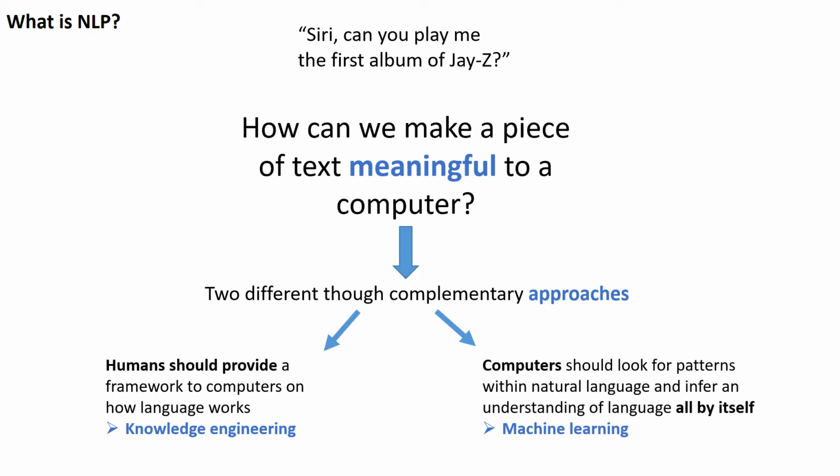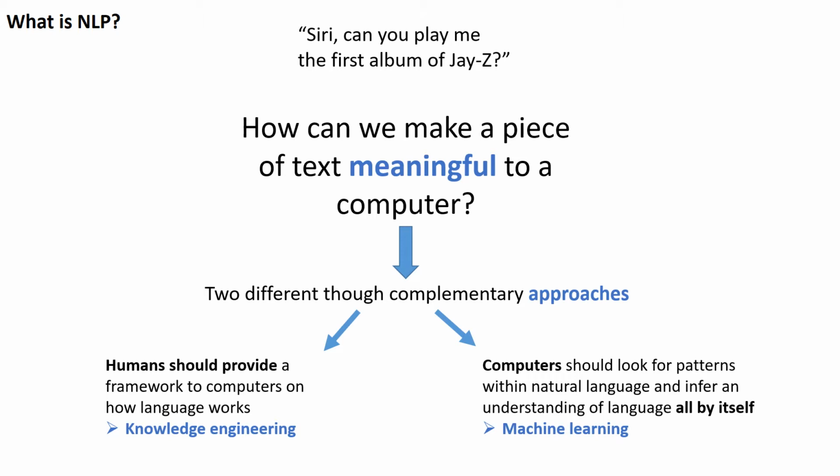The people from the computer science departments say now we don't need to feed a computer all kinds of human engineered information. No, computers should just look for patterns within natural language itself and infer an understanding of language from the ground up, from scratch. And this is the machine learning approach. The machine learning approach sees computers as capable of learning, of building an understanding of language from the ground up.